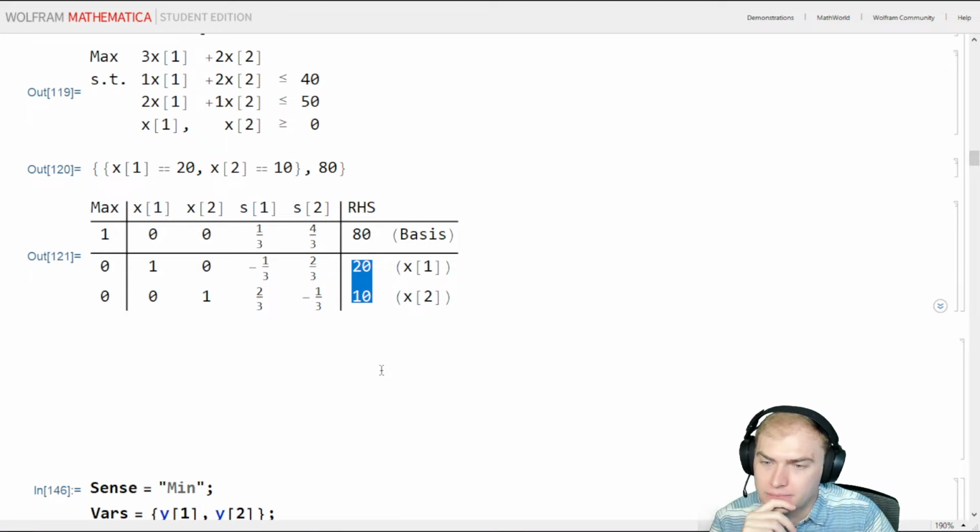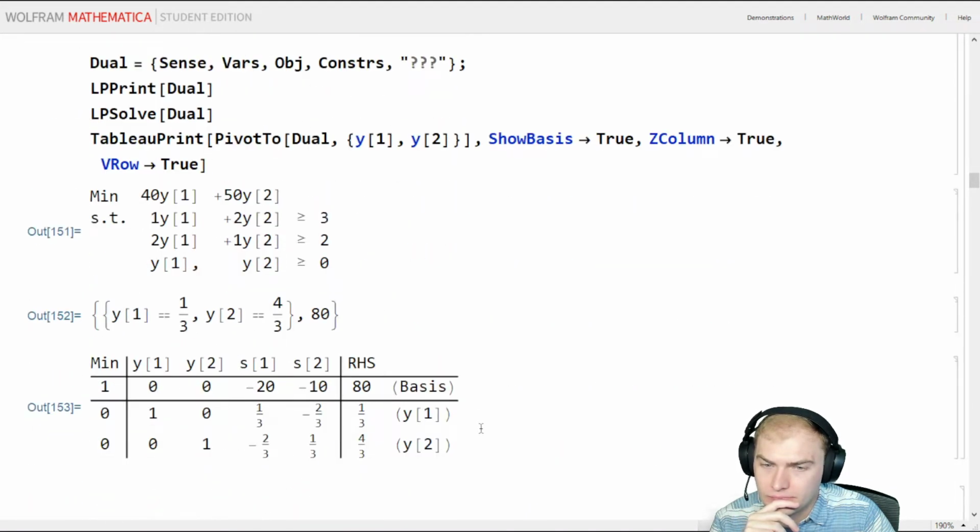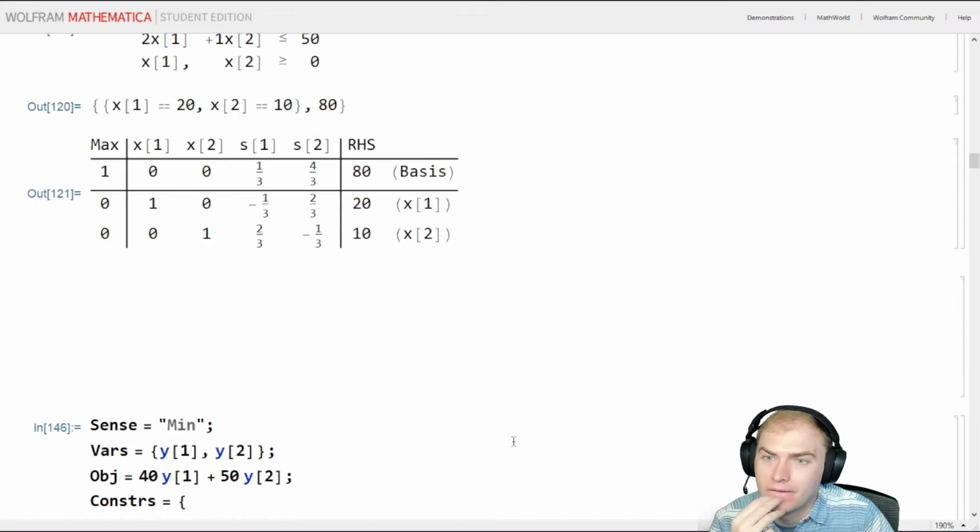Why is that negative? Is that the case for all minimizations? Did I do some math wrong yesterday? That would make sense, because we shouldn't ever have a negative in the right-hand side column, otherwise we're infeasible.